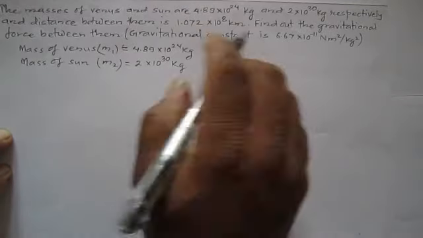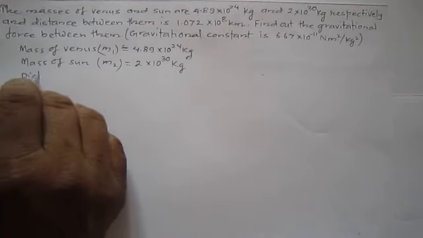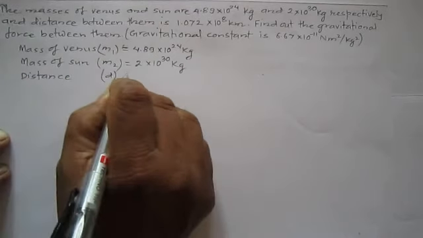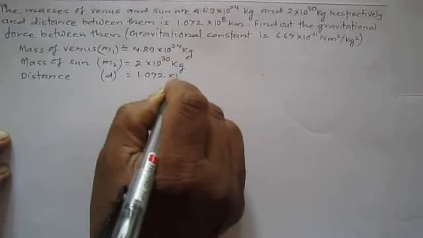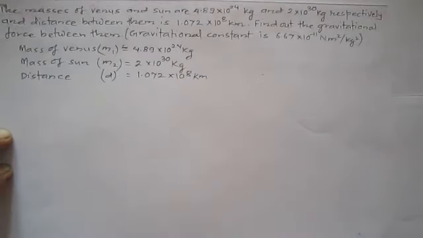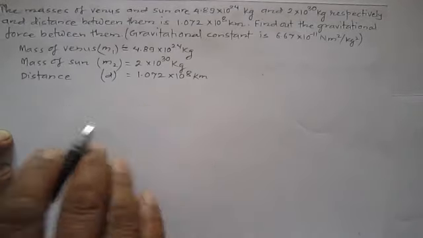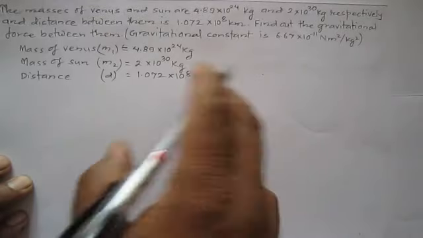Now the distance between them is also given. Look at the distance. The distance between them can be denoted by d, and this is equal to 1.072 into 10 to the power 8 kilometer. Now one point we have to remember is that while solving a numerical problem we use the SI system. That's why here the kilometers should be converted into meters.